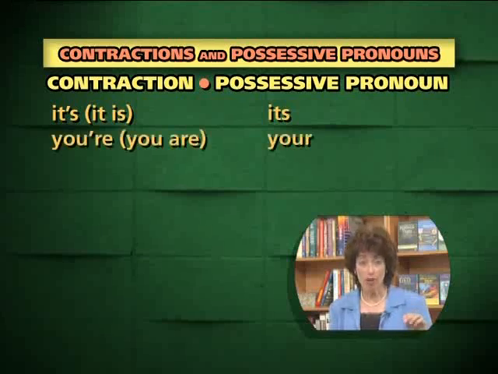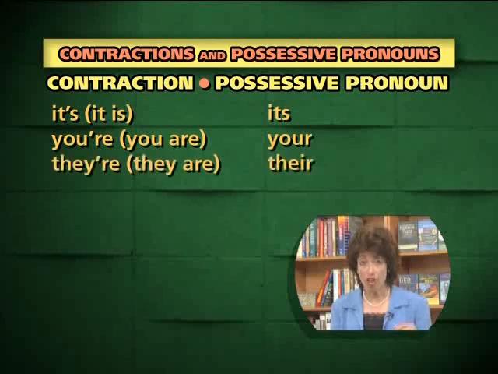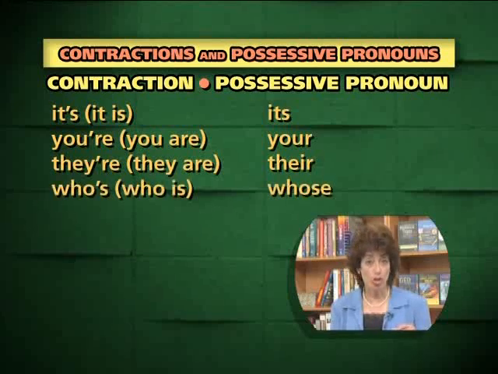You're, y-o-u apostrophe r-e, is a contraction for you are. Your, without the e and without the apostrophe, is the possessive pronoun. They're, they are, is the contraction. Their is the possessive pronoun. And who's is a contraction for who is. Whose is the possessive pronoun.